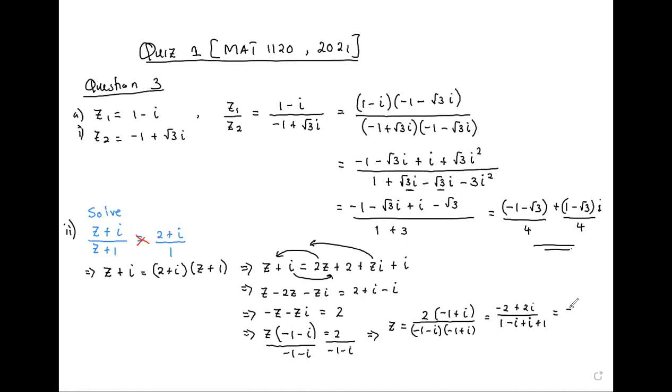So this becomes negative 2 plus 2I over 2 from down. Dividing by 2, we get negative 1 plus I. So this becomes our solution. The key thing was just to make sure that you make Z the subject. And then you find it as a complex number. So it is a complex number, negative 1 plus I.